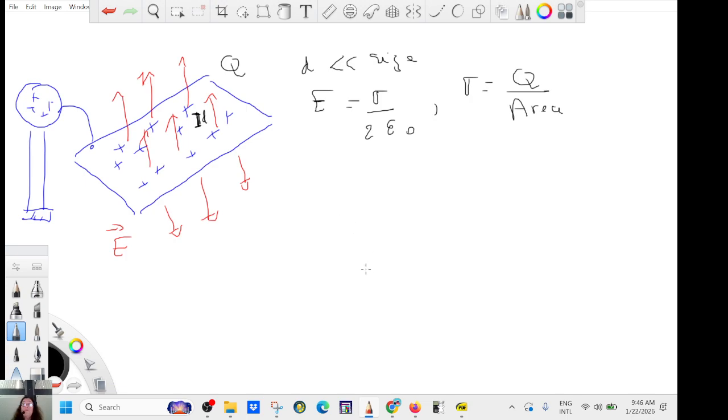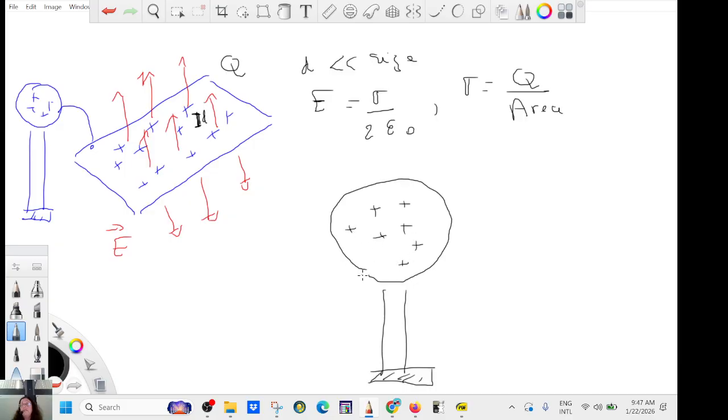One thing to keep in mind is that if you have a conductor like this, a Van de Graaff generator, and it's charged, it's forbidden to have an electric field inside. If I take that aluminum foil and make it like a closed bag, it's called a Faraday cage.